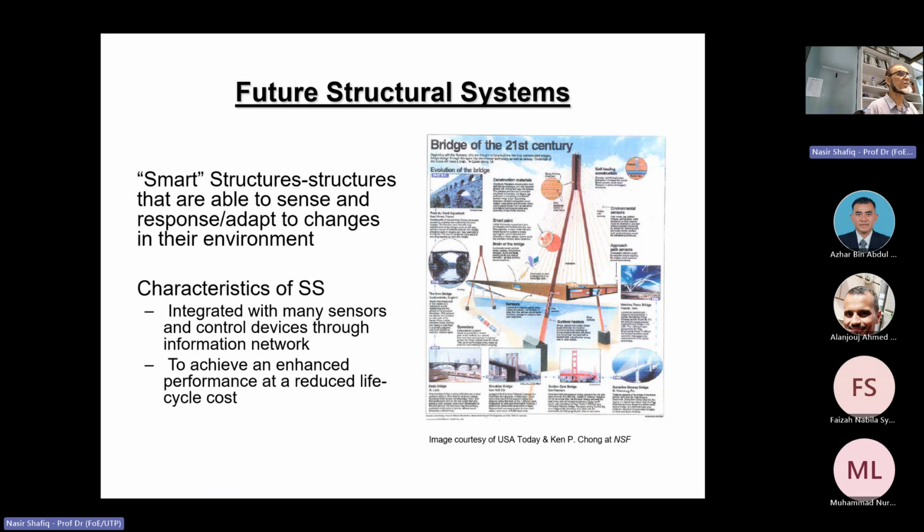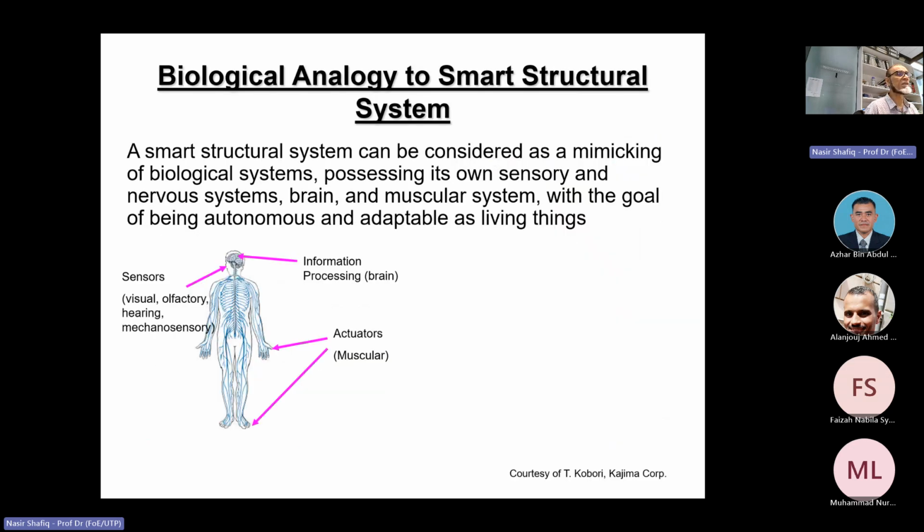The characteristics of a smart system: integrated with many sensors and control devices through an information network to achieve enhanced performance at a reduced life cost, right? Like this bridge of the 21st century, how they are being maintained. This is all a smart system with 24-hour sensing.